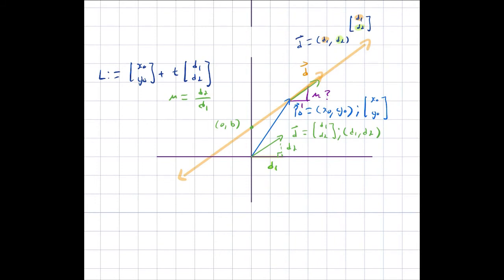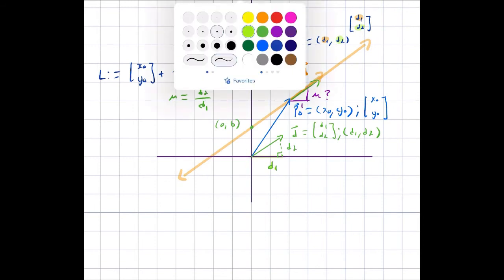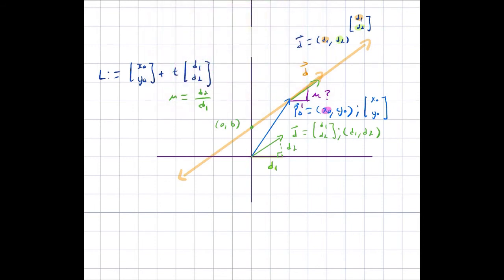Well, I have this point P, which is x0, y0 here. This is where I start. And in order to get to this point, I'm going to need to go by some multiple of d. I'm going to add t times d to P0 here, and that gets me to this point, 0, b.